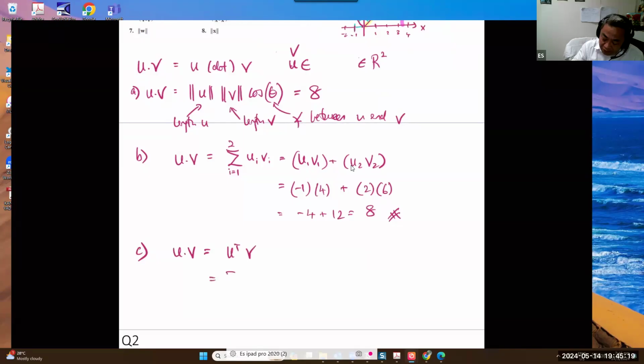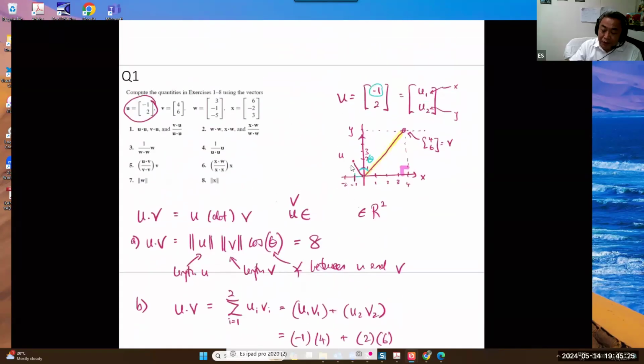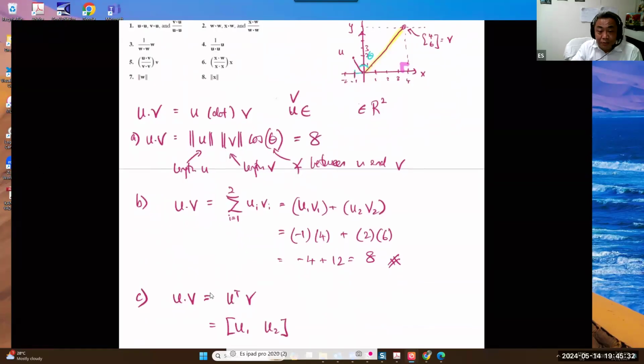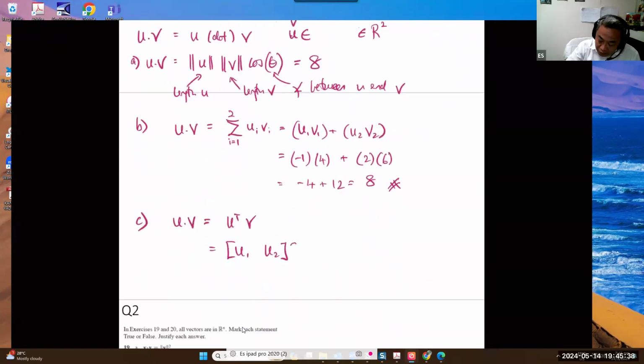U transpose is a vector that looks like this, u1, u2. You remember, I'm writing a vector as a column vector. U transpose has become a row vector. I make my column become a row, and my V is still v1, v2.